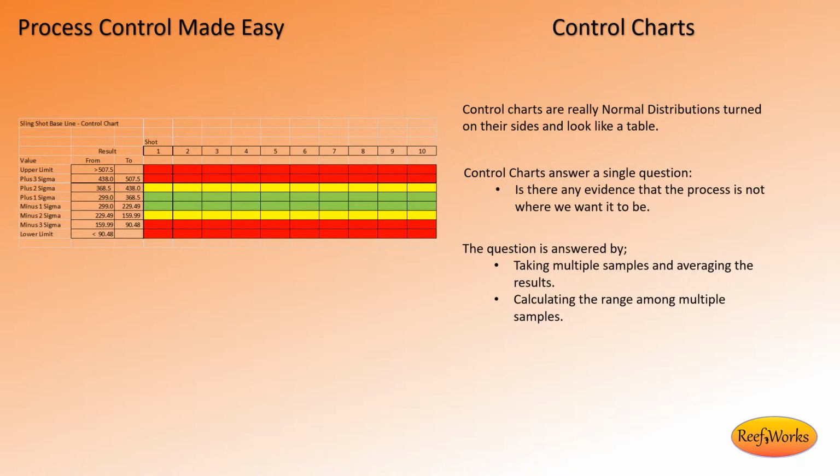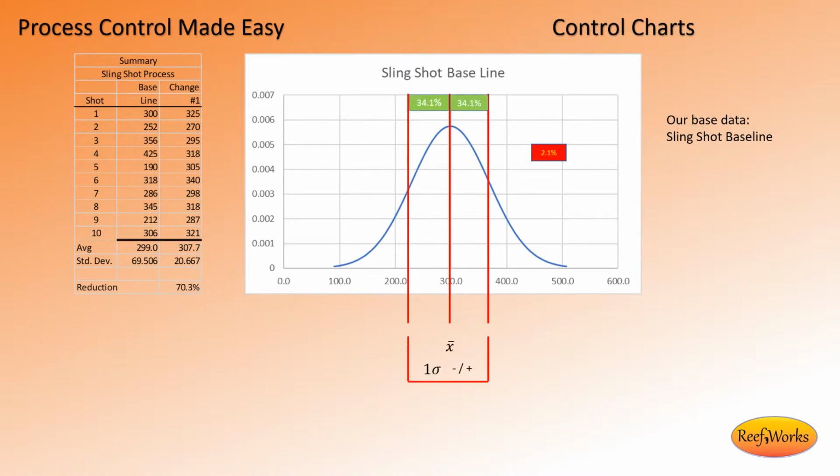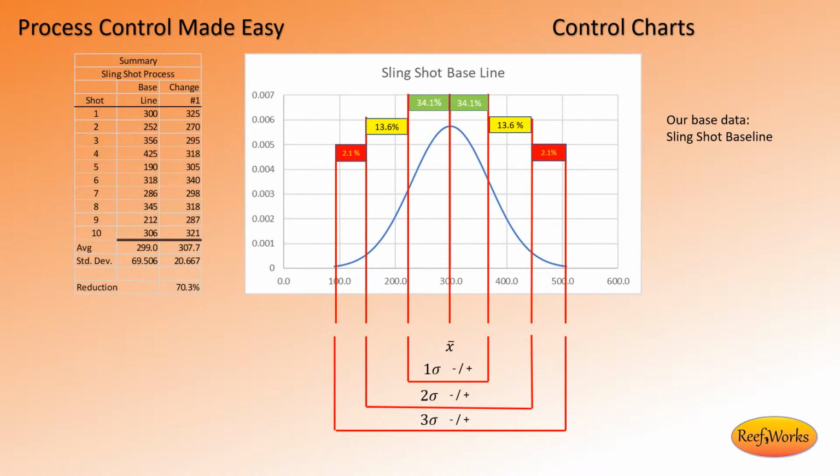So let's take a look at the standard deviation and the normal curve. We've just thrown in the average, that's the center of the process. We have 1, 2, and 3 standard deviations. You can take a look at our process data, and the normal curve represents the baseline data with the average of 299 and the standard deviation of 69.506.